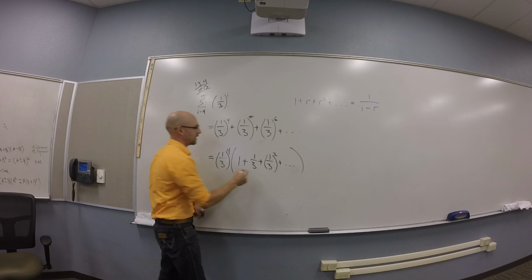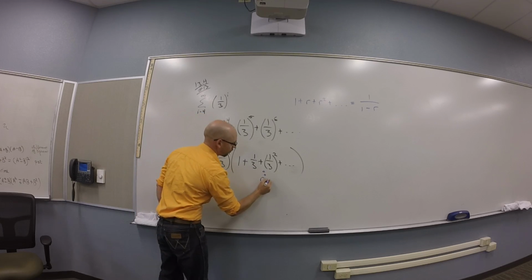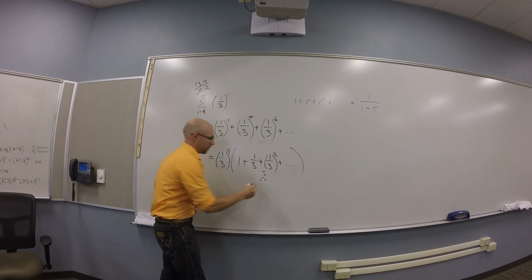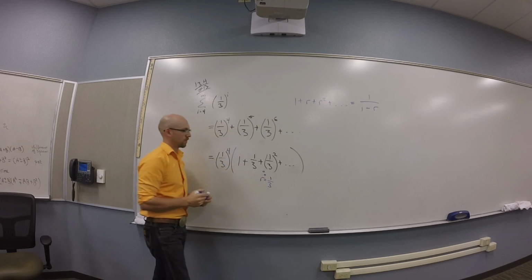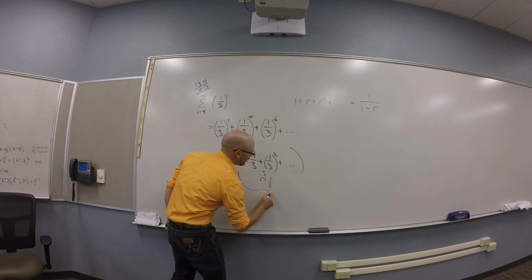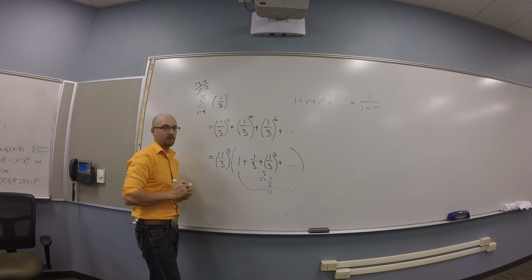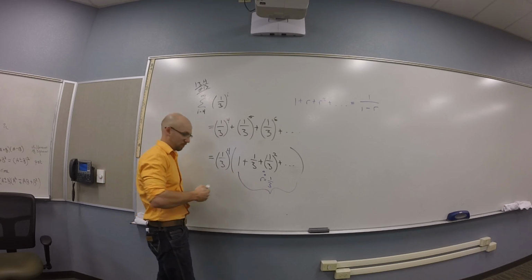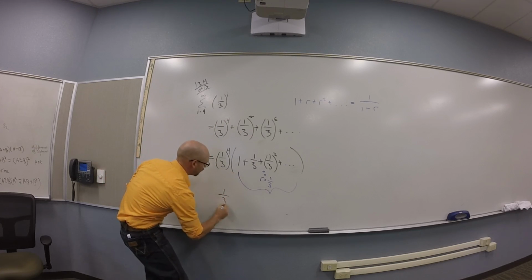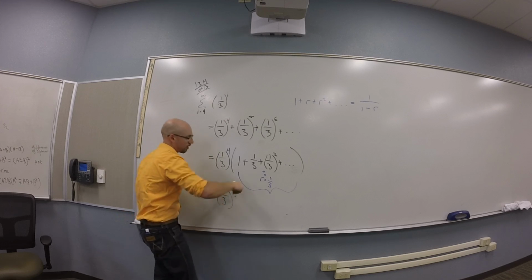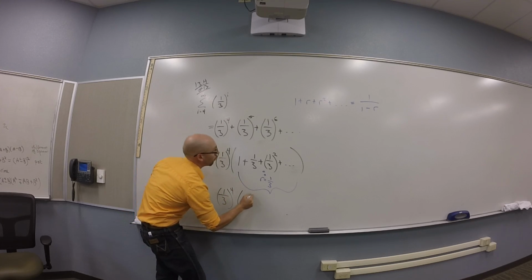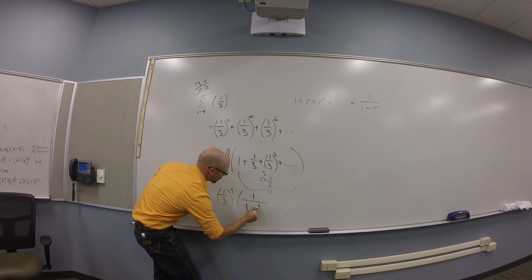And this guy is a geometric sequence with r is what? 1/3. Okay, so all this junk in here becomes, so I got my 1 over 3 to the 4th, and then all that stuff becomes a 1 over 1 minus 1/3.